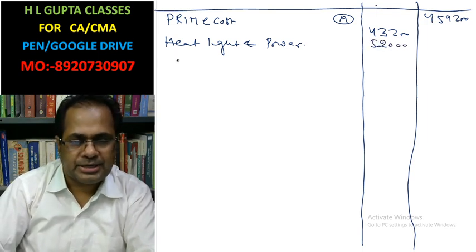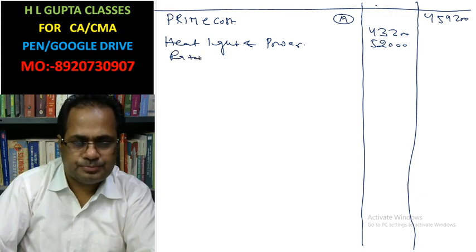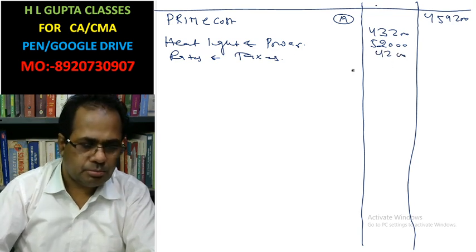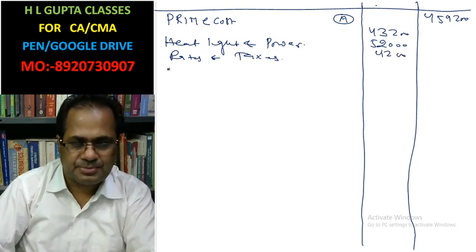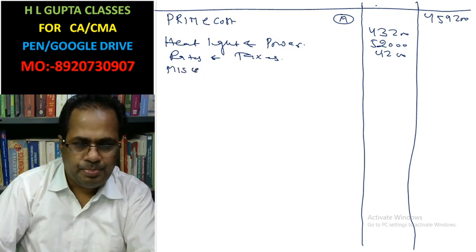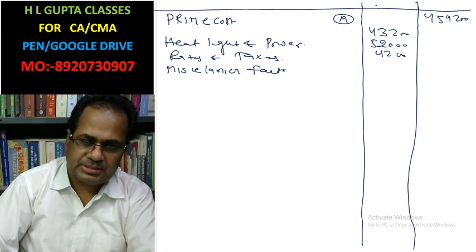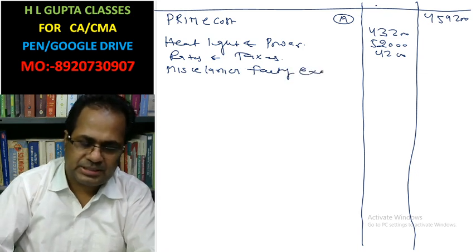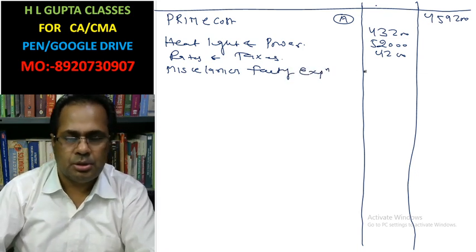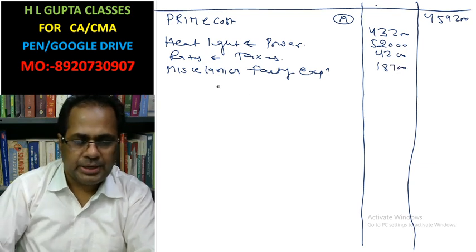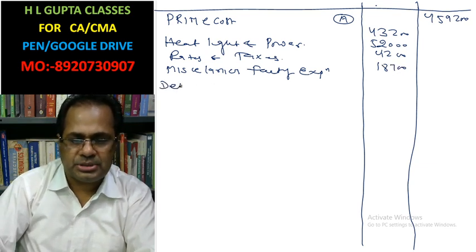Okay. Rates and taxes 4,200. Miscellaneous factory expenses. This is given in the questions 18,700. Depreciation of plant and machinery.